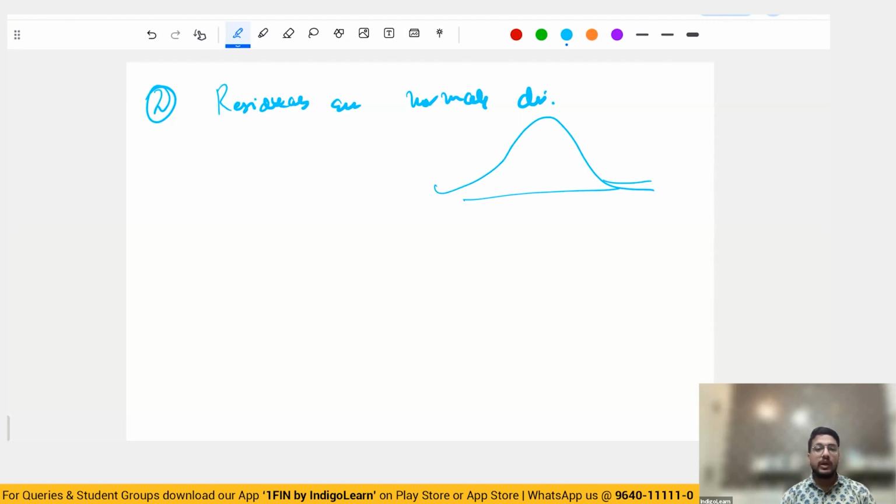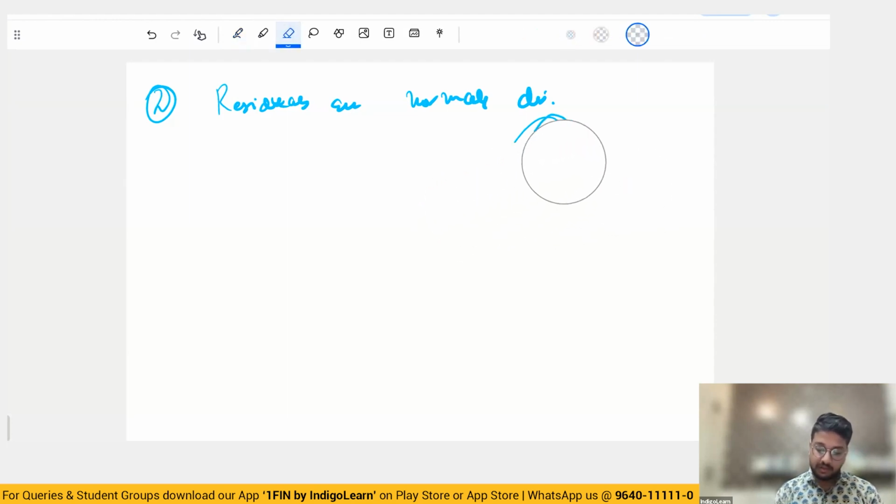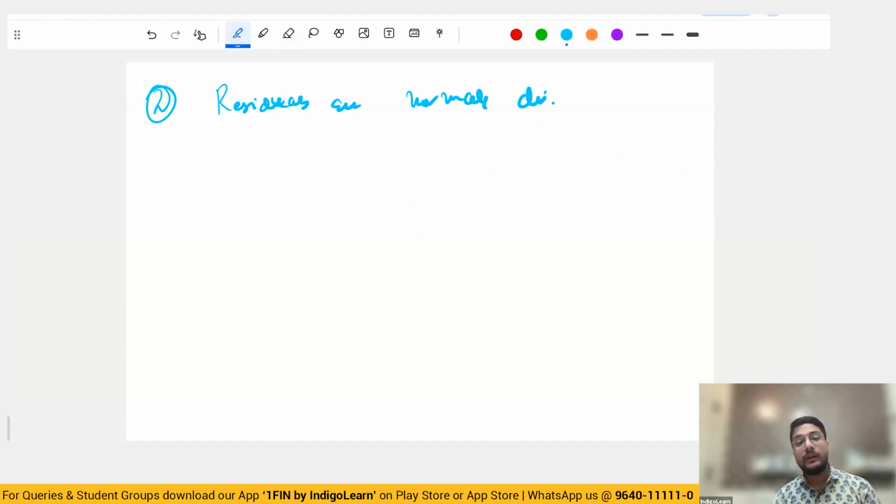The purpose of having this assumption in our analysis is that it makes a lot of predictive modeling easy as we go further. If this assumption is adhered to, a lot of predictive modeling becomes much easier for us.